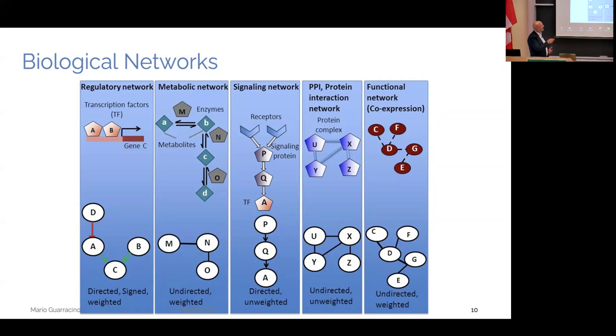But the same happens in metabolic networks, in which we have some reactions. The metabolism is a set of reactions in which some metabolites are consumed to produce some other metabolites, and they are catalyzed by some enzymes. So again, we can obtain a network in which two enzymes are connected if they, for example, produce and consume the same metabolites.